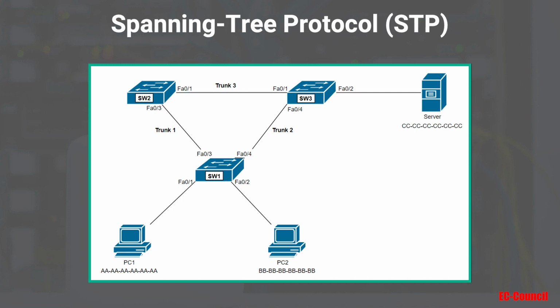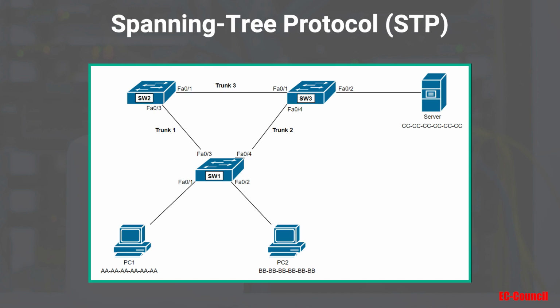What if our network devices contain IP addresses? Let's say on this network, they belong to the 192.168.0.0/24 network. Let's say PC1 has an IP address of .10, PC2 has an IP address of .20, and the server, let's give the server .30.